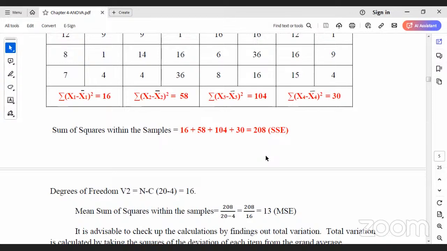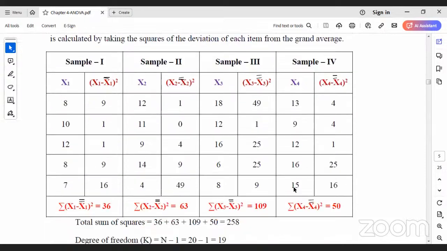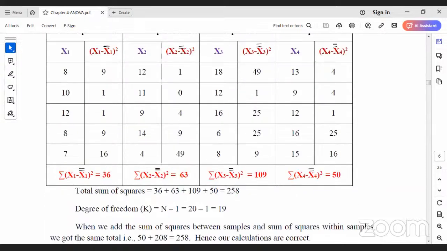In the place of SSC, 5050 is there. In the place of SSE, 208 is there. The total is called SST, total sum of squares. That is 258. So we got here 258 when we did the last table.